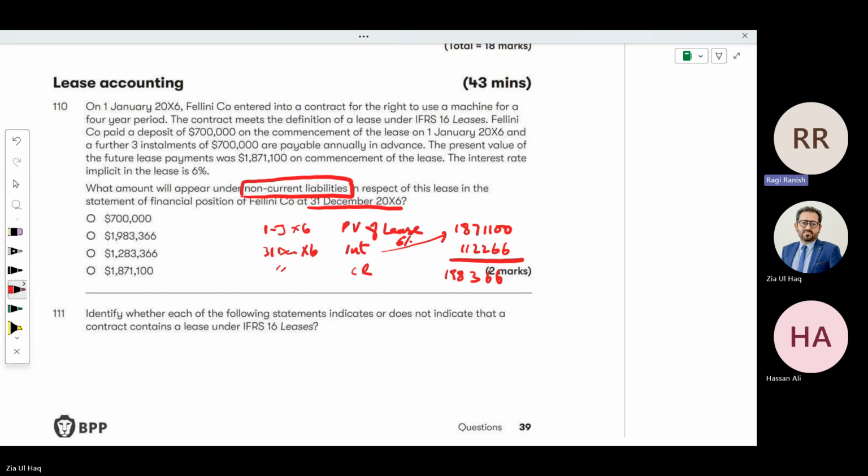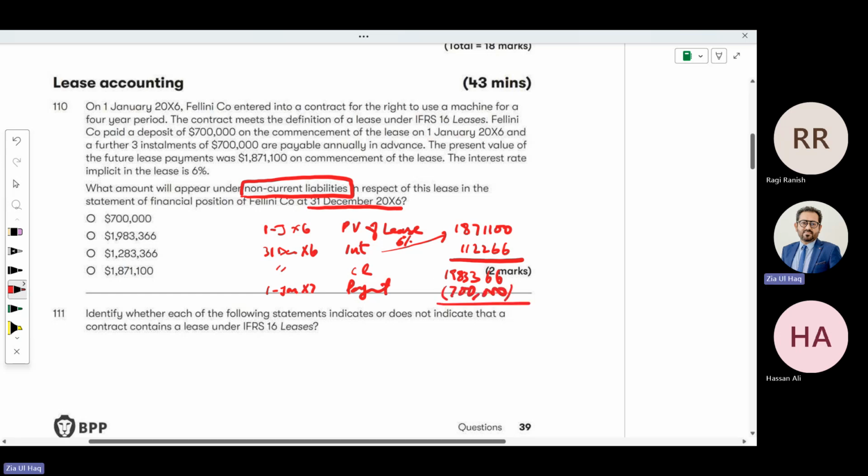Sir, the answer is 1983366. So from this, we need to make a payment on what date? On 1st of January 20x7, we need to make a payment. How much? 700,000.